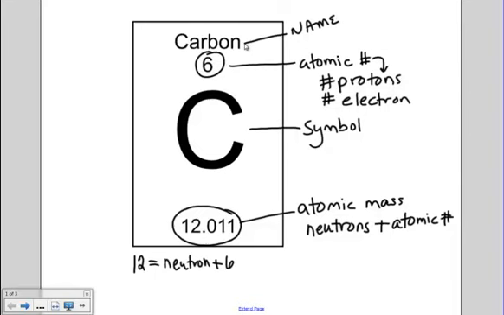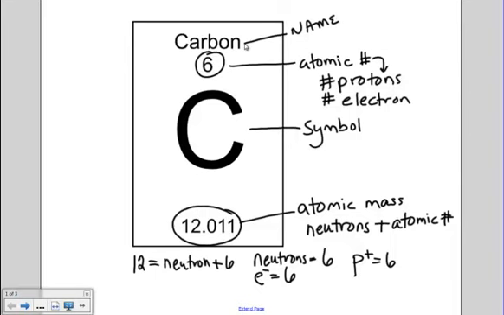So we know that in carbon, we have 6 neutrons. We are going to have 6 electrons because we know that electrons equal protons, and we know that we are going to have 6 protons because our atomic number was 6. So that's just a couple of pieces of information about what you would find on the periodic table.